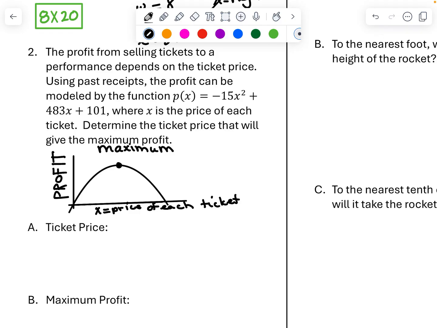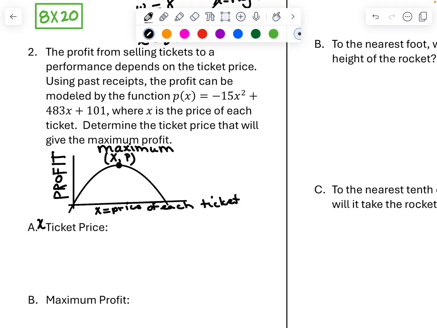The ticket price is x, so we are looking for x.